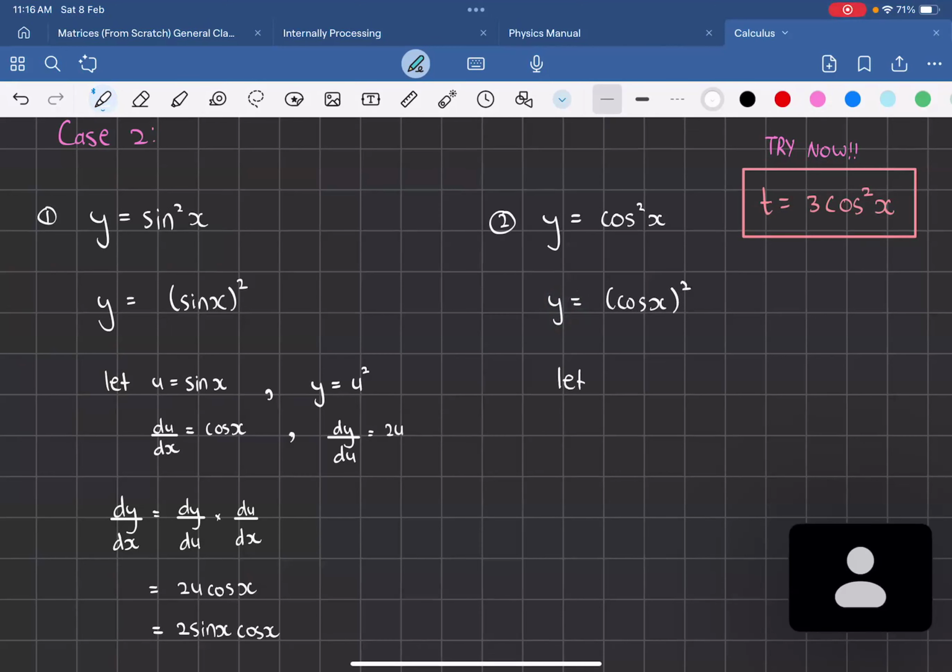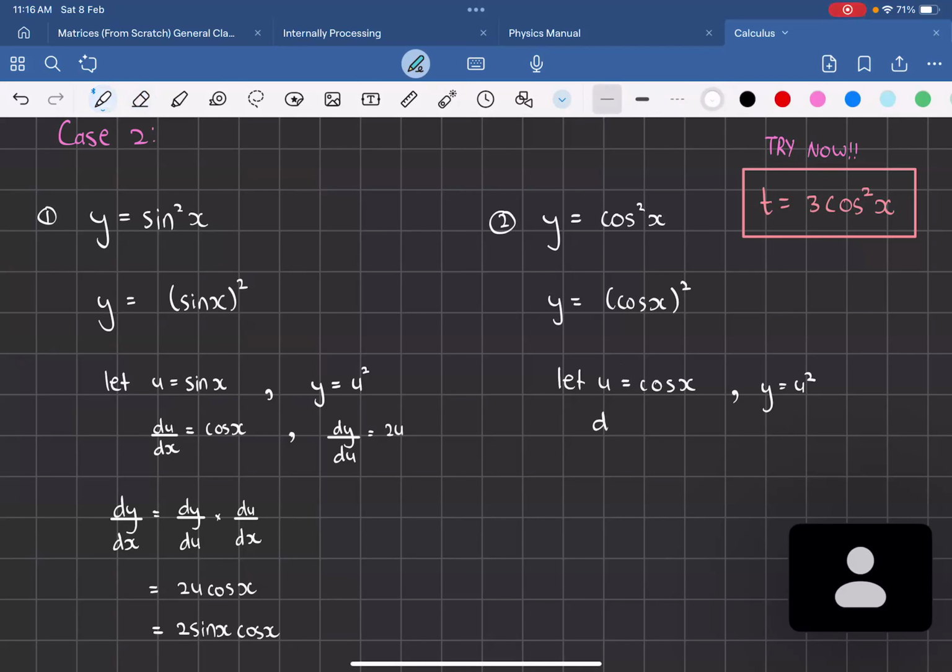I can let u be equal to cos x. Then this whole thing inside the bracket becomes u, so now y is equal to u squared. In doing this, we end up with two equations that are easily differentiable.